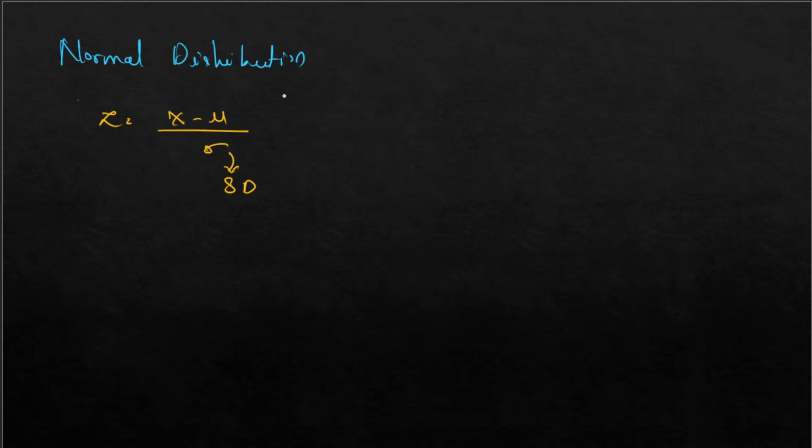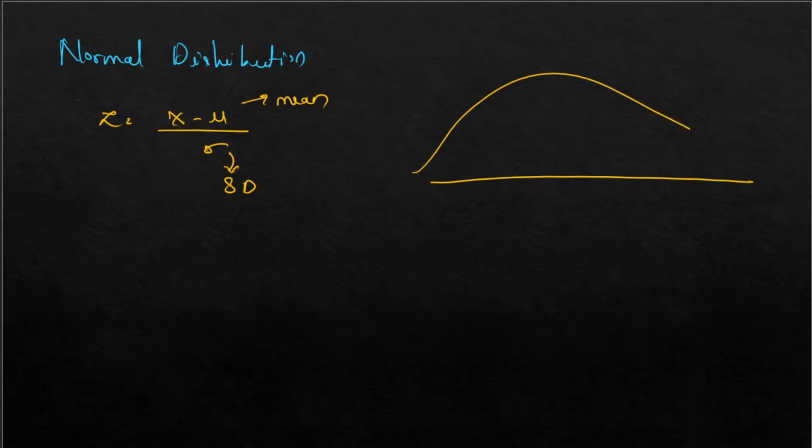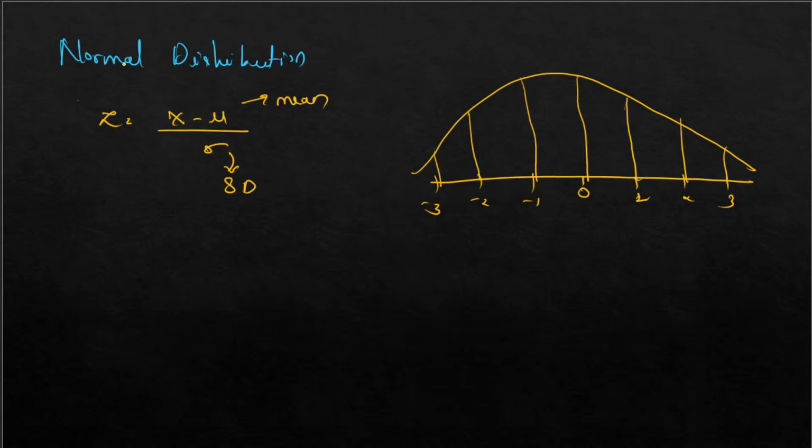So this is standard deviation, this is mean. So the generic diagram is like this. Okay.